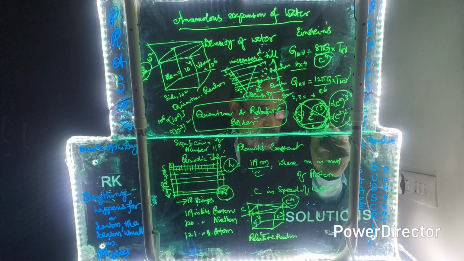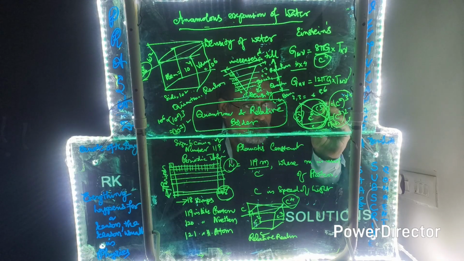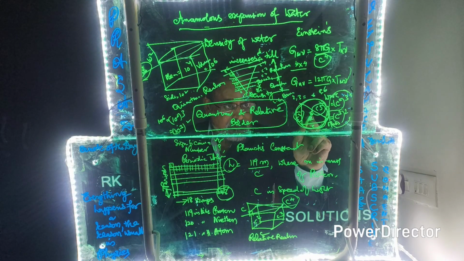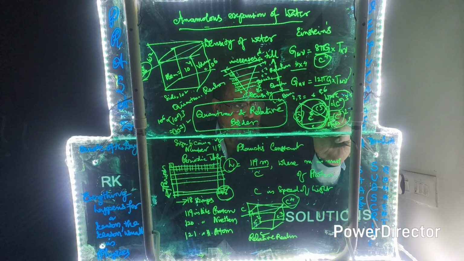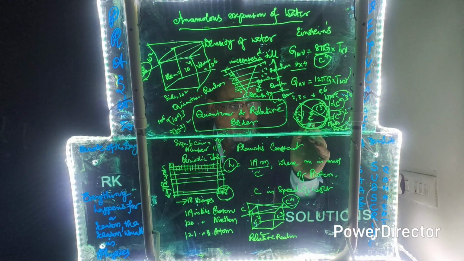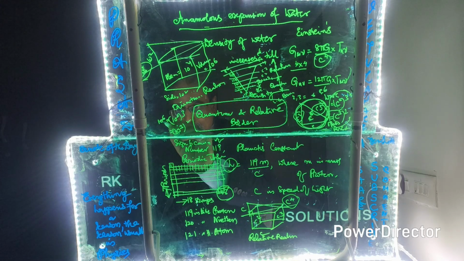If you call this mass, if you call this a wave, then it will have both wave and mass. C raised to 6. In one unit, you will have both wave and mass. I mean particle rather. Particle-wave duality can coexist at c raised to 6 or 10 raised to 6. Yeah. Got it?